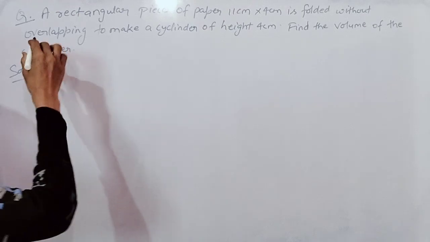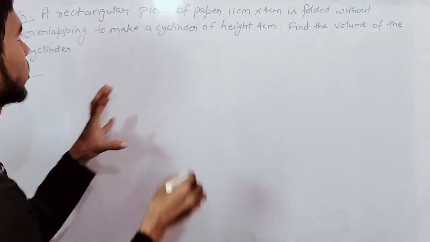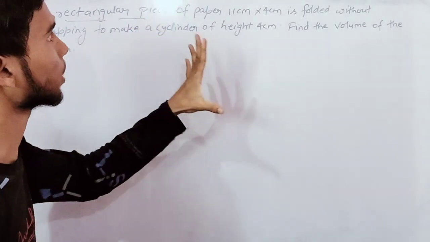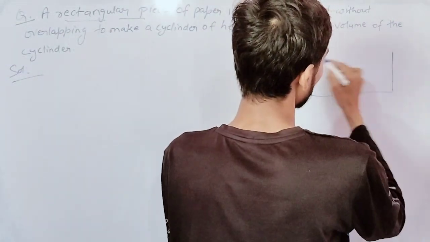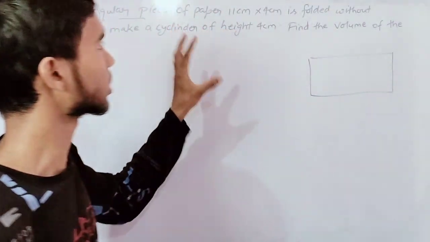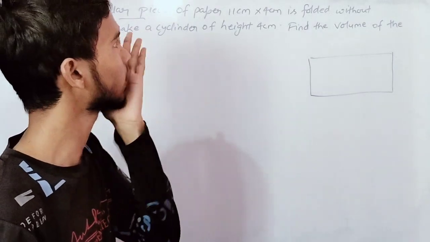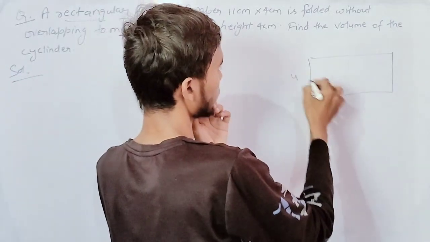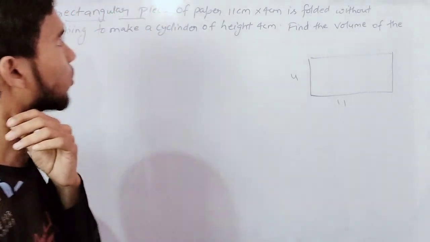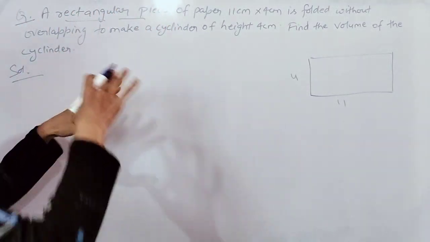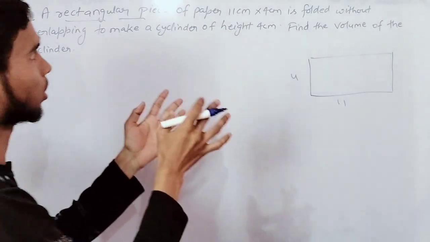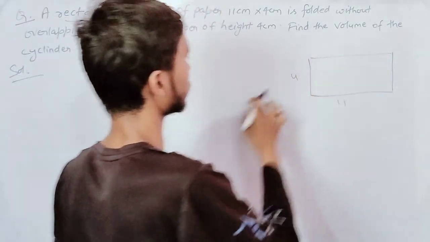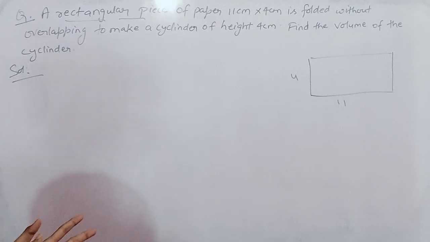Now read this question. A rectangular piece of paper, whose dimension is 11 centimeter into 4. This is 4 and this is 11. It is folded without overlapping to make a cylinder of height 4. Find the volume of this cylinder.